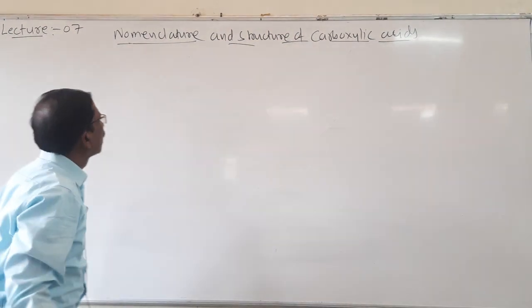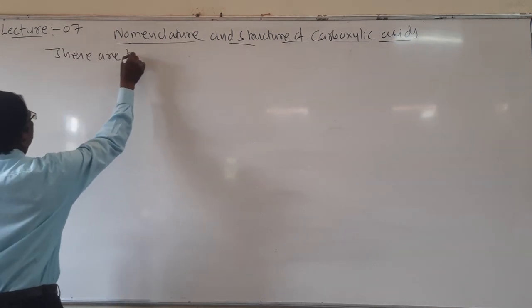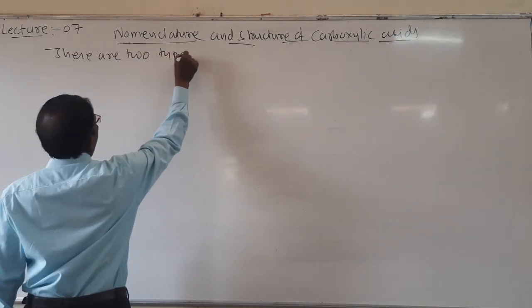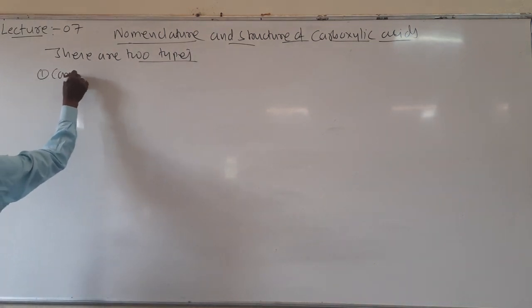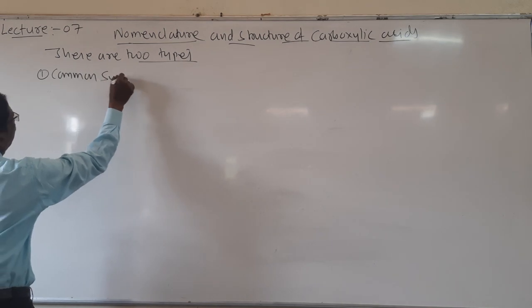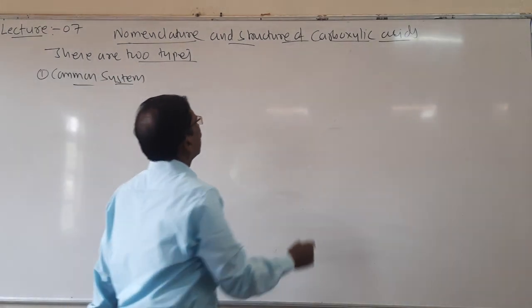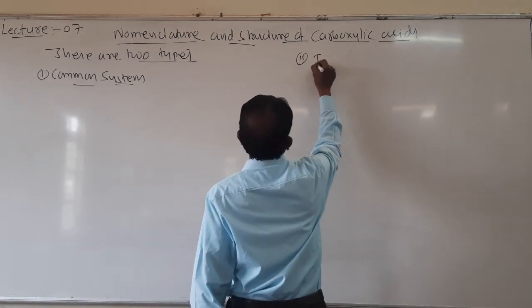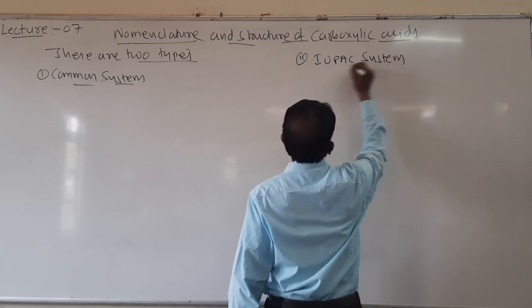So students, here there are two types of naming. One is the common system, also called the trivial system, and another one is the IUPAC system. Look here.